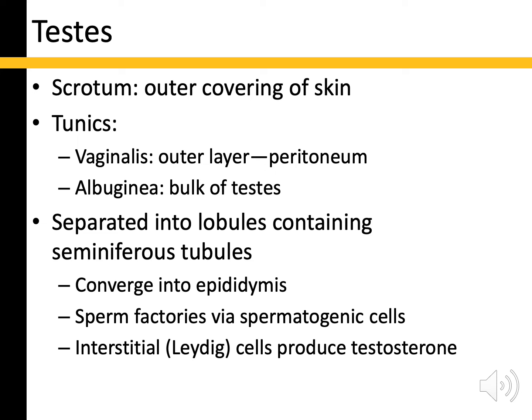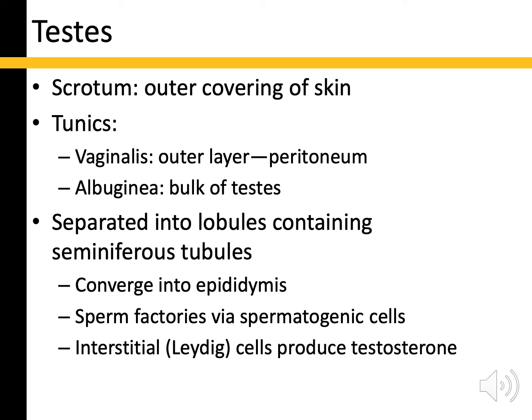But I will say that the testes are outside of the body, and they're covered in a layer of skin. But underneath that layer of skin, there's a layer of muscle as well. And that muscle can help bring the testes closer to the body or let them relax so the testes are further away from the body. This is based on the fact that the local temperature to make sperm should be a couple of degrees below body temperature.